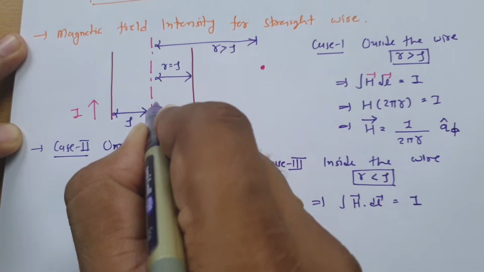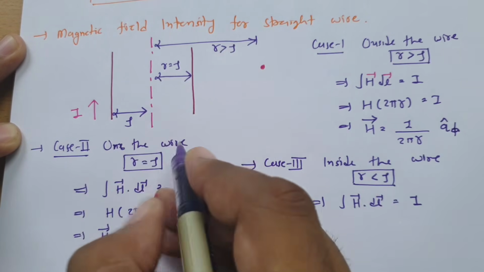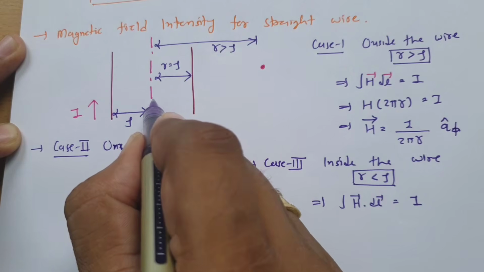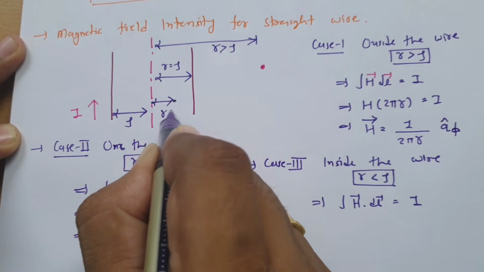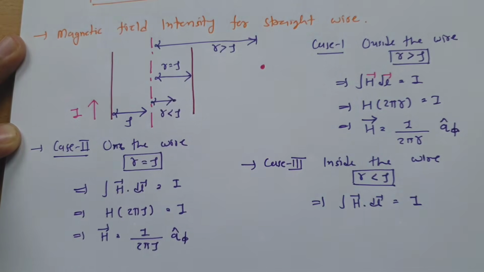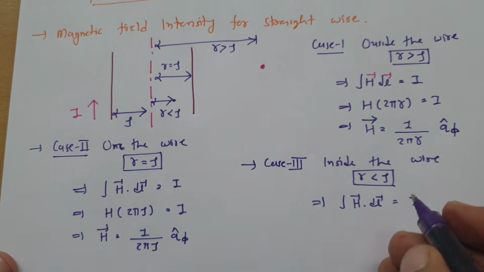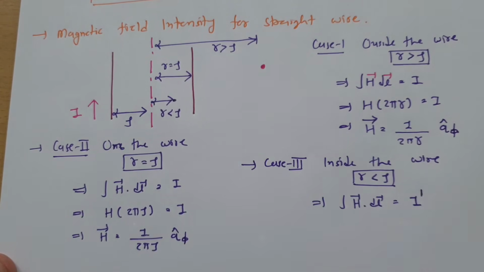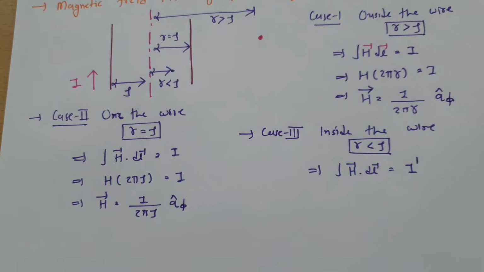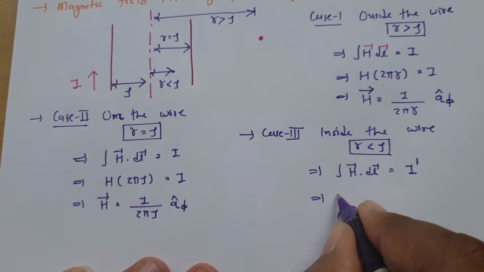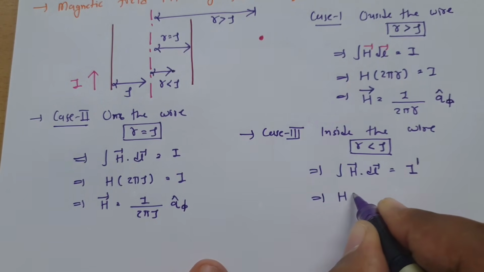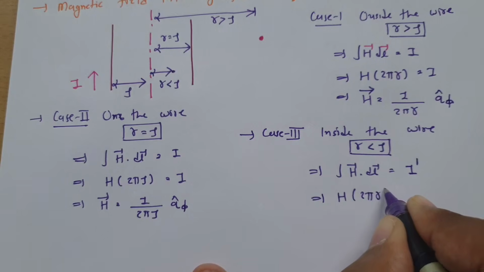In the first case r is greater than rho. Now for the third case, we need to calculate it inside the wire where r is less than rho. So now the current will change. Now I need to say that it is I dash, and the same thing will happen: the integration of H dl will be H into 2 pi r.